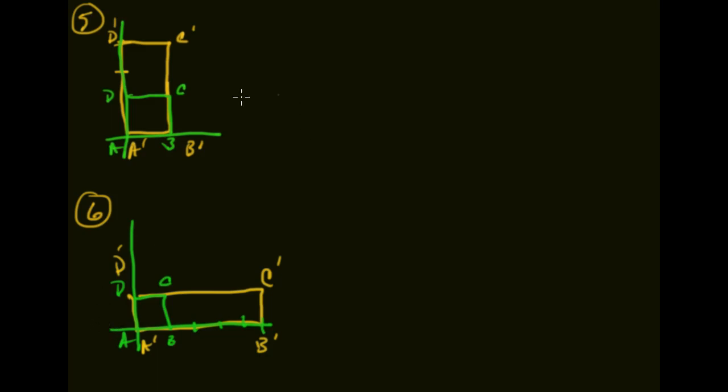Looking at number 7, we get into this thing that we call shear. So in 7, we're starting with our little unit square here, A, B, C, D. We're doing a shear, so it's x plus 2y, y, right?